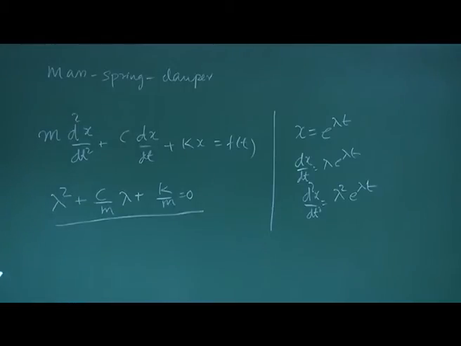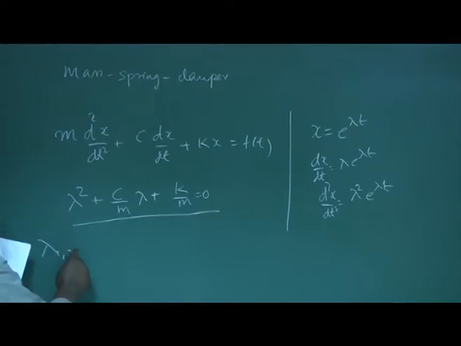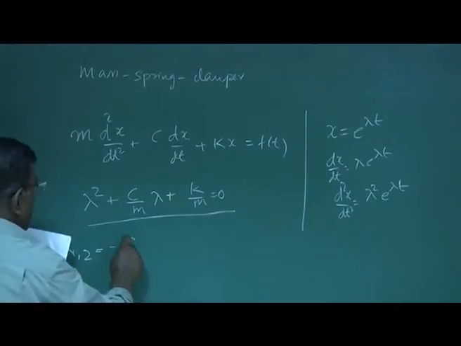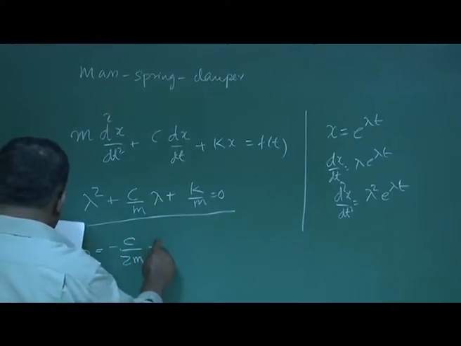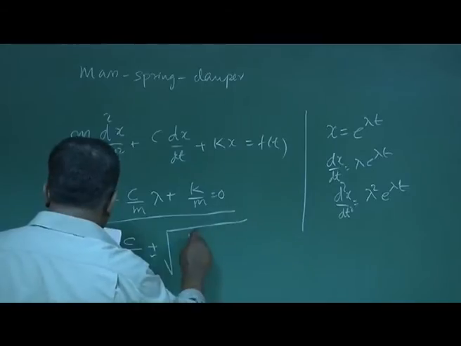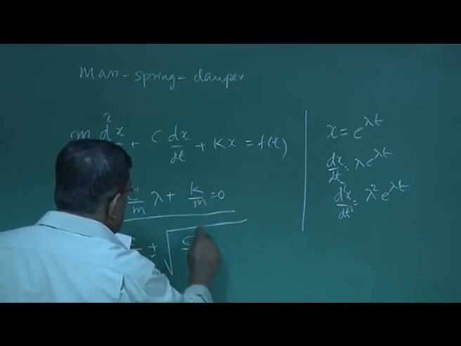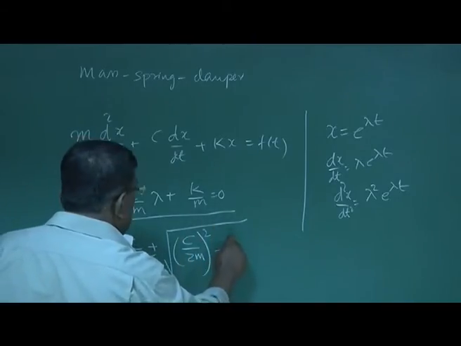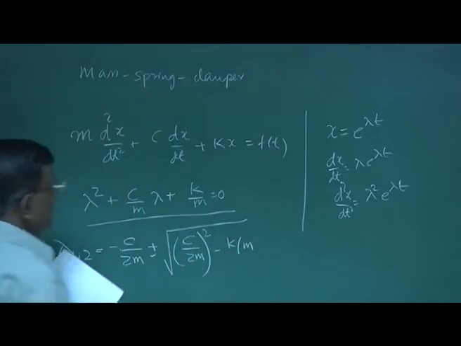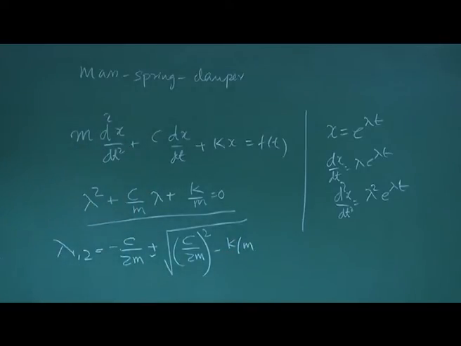By solving this quadratic equation, you can write lambda equal to minus c by 2m plus minus under root c by 2m square minus k by m. I am sure you are familiar with this. You have done it in some part of the course.